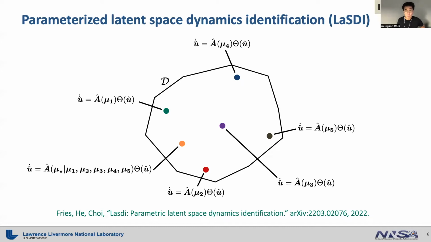Then we can interpolate the linear coefficients of the ODE for a test point mu star. Note that the coefficient matrix A hat for mu star depends explicitly on the testing parameter mu star as well as all the training points. As you can easily imagine, you can apply similar interpolation for other testing points.